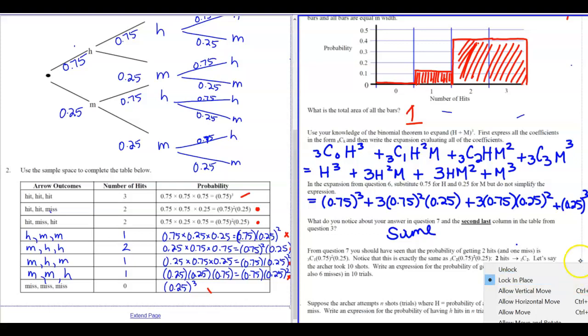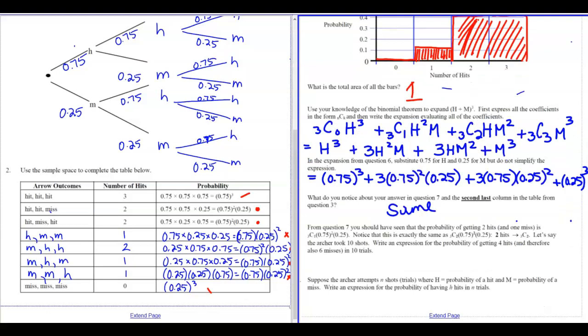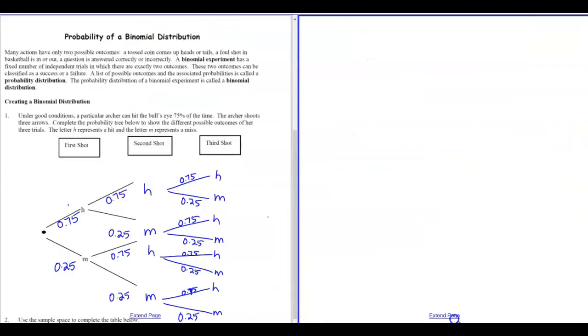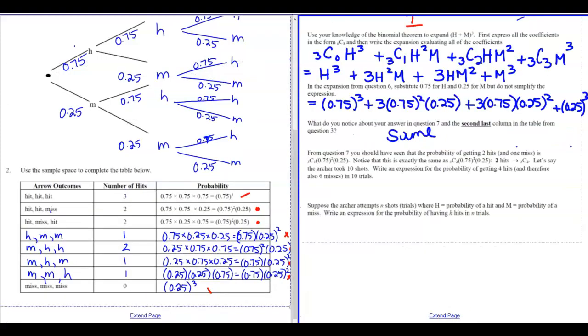K is the number of hits. So let's say the archer took 10 shots, write an expression for the probability of getting 4 hits, and therefore also 6 misses in 10 trials.